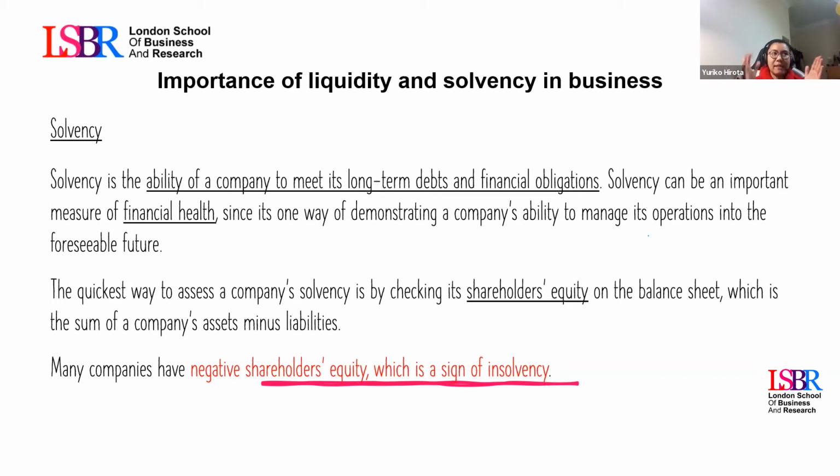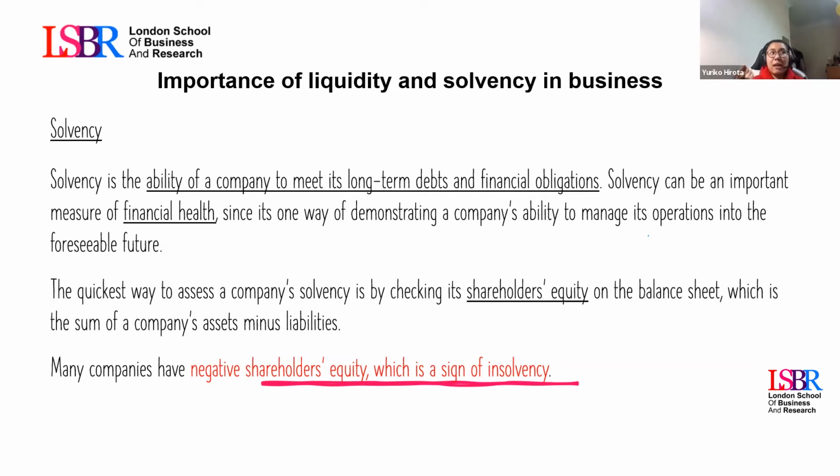Again, remember assets, liabilities, and equity. If we check the equity section, we can see the amount of money that the owners of the company invested at the beginning of the business. And additionally, in that section, we can see the earnings and the accumulated earnings of the company.